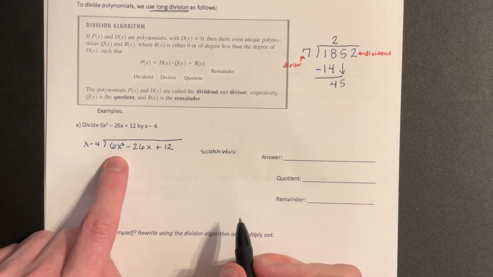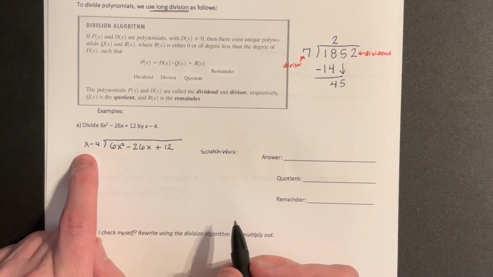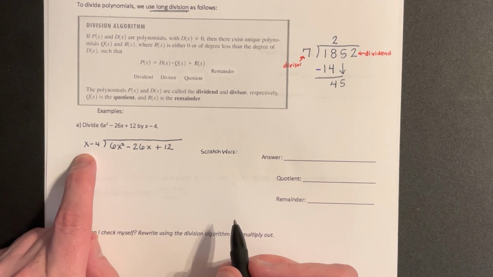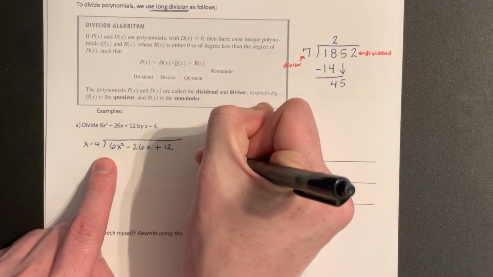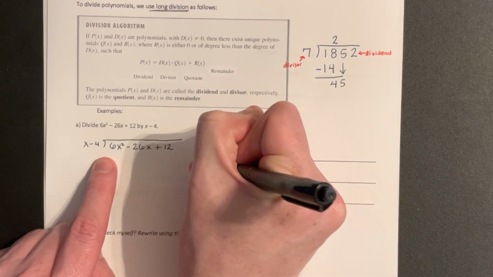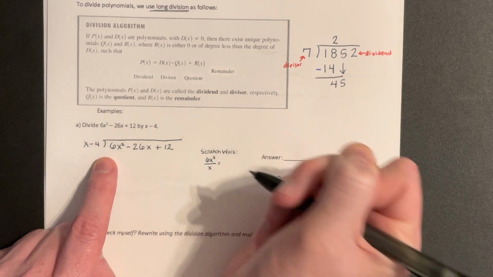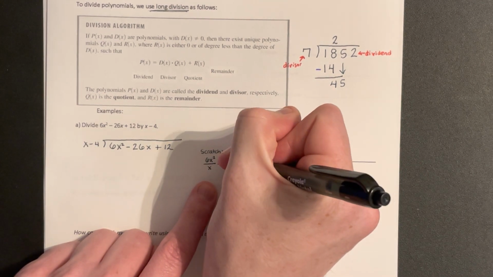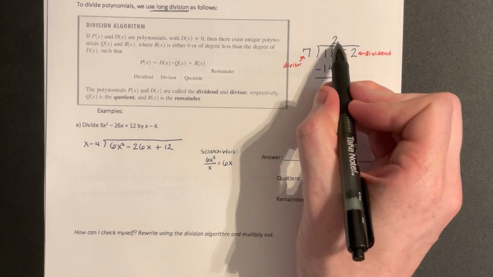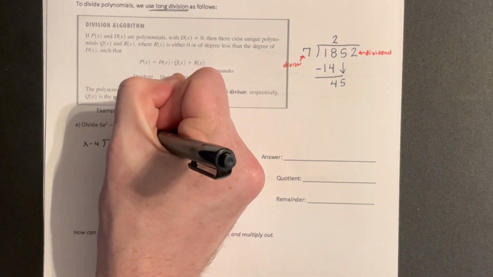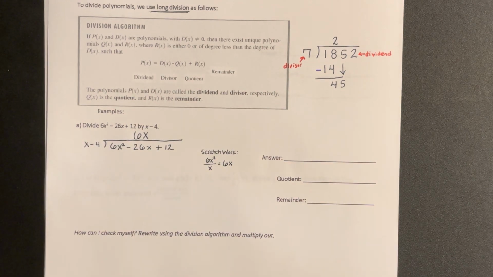But I'm taking the first term and dividing by the first term of the divisor. I'm not going to worry about everything else. So I'm just using 6x squared and dividing by x. That's going to give me a 6x. So that is the first thing that I bring up top. So let's bring that up here, 6x.